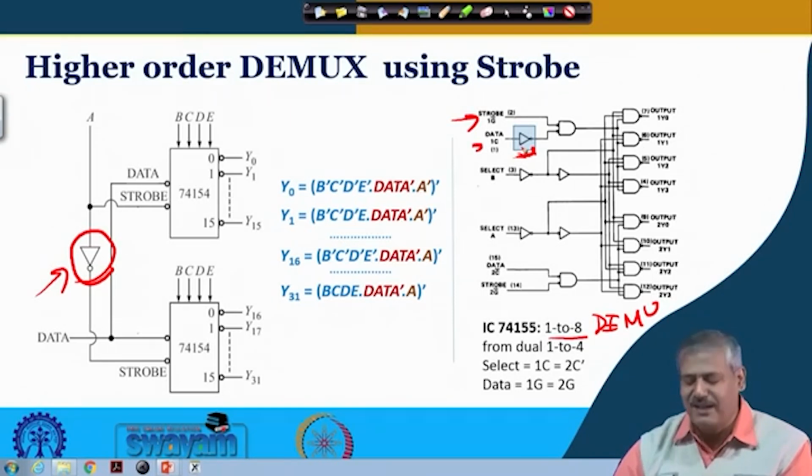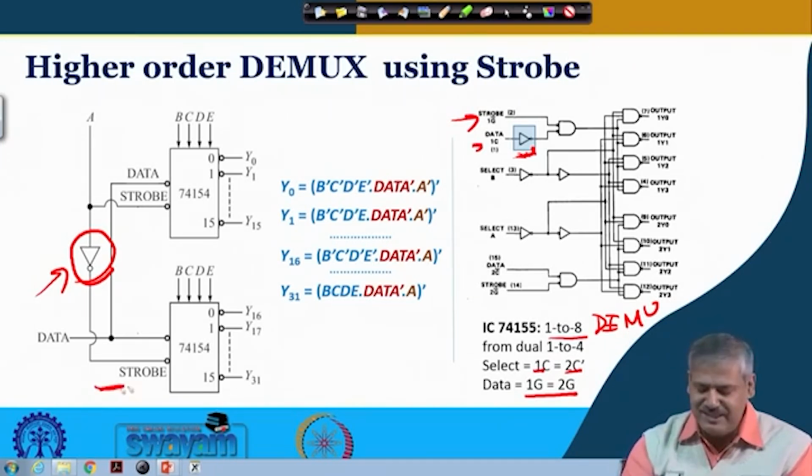So how do we need to connect? We need to connect this 1C and 2C prime, just connect them as the select input, the additional third select input, and the data is fed through this strobe. So 1G and 2G we are connecting and feeding as data.